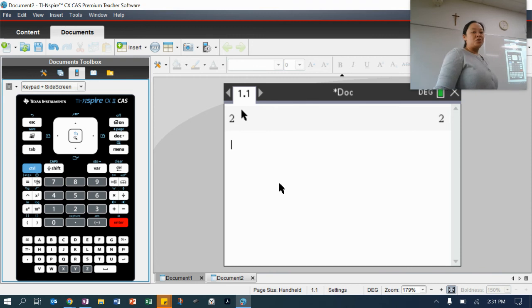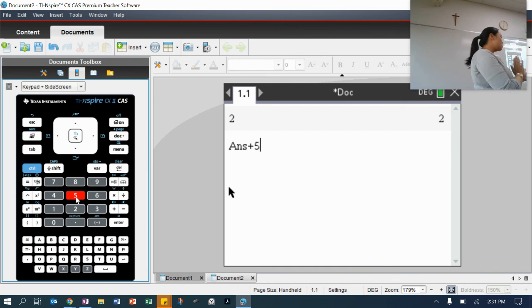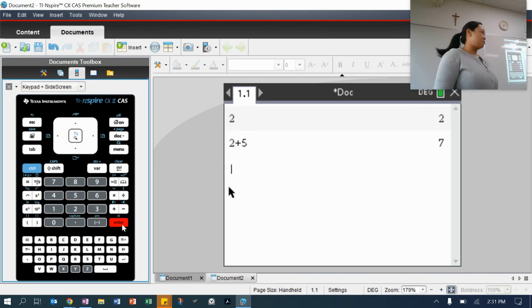So you go 2 and then enter to save the 2 into the calculator. Then you can go plus, and see how it says answer, 5. Then I just want you to press plus 5 and then enter. So it brings up the second number. And then you can just keep pressing enter and it gives you the sequence.